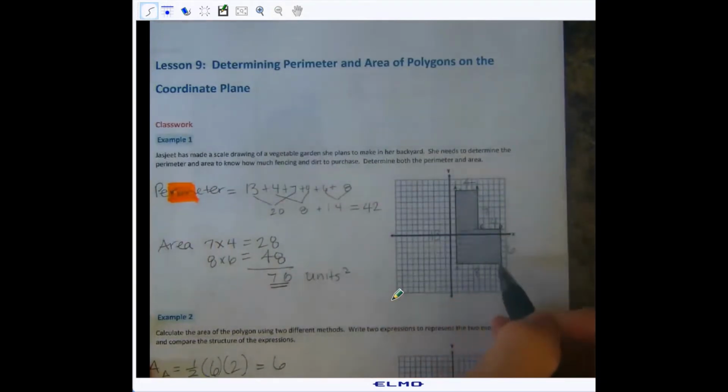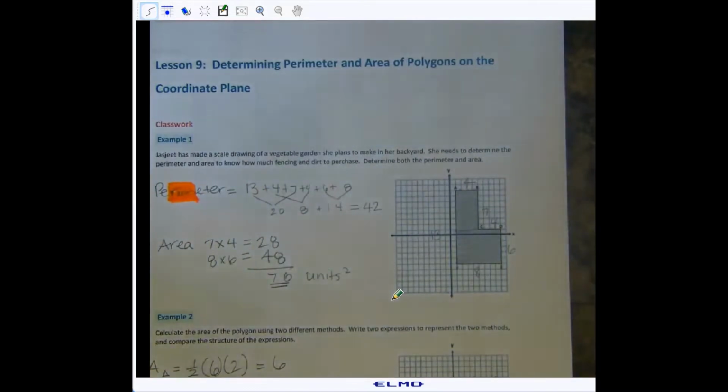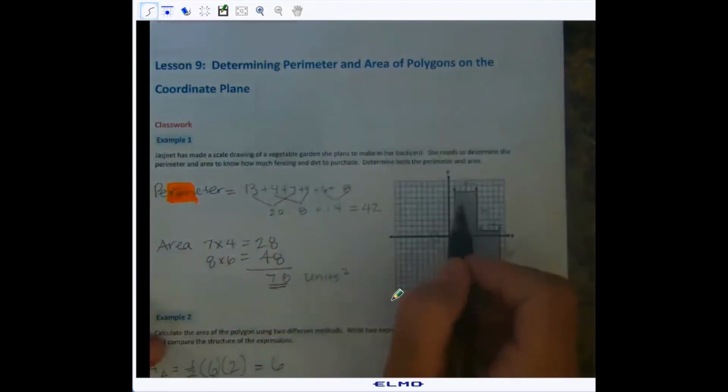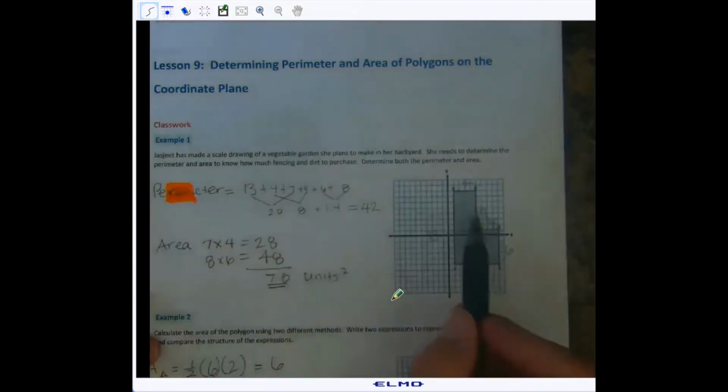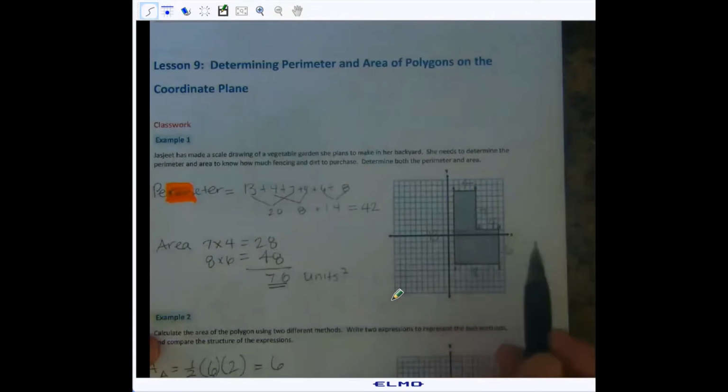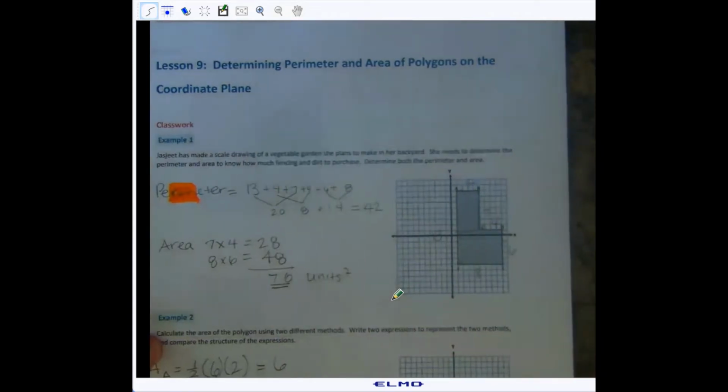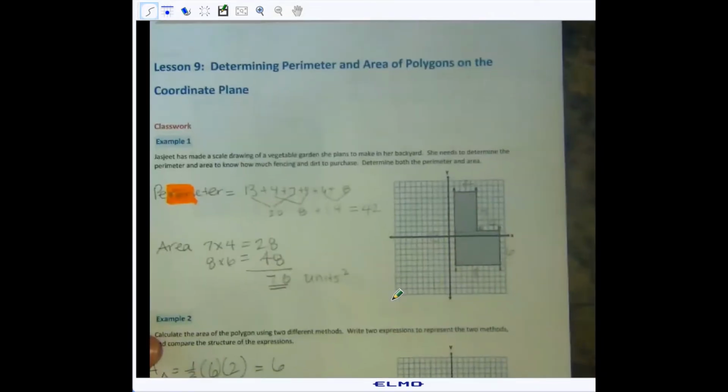When you have irregular shapes like this, which is a combination of 2 rectangles, it's real easy to forget one of the sides. So that's why I want you to imagine yourself being that little bunny hopping around the outside of that vegetable garden so you don't forget. I've gone through and I've counted and I've labeled all the side lengths. Let's see if that's clear enough. Maybe I'll try. Yeah, there we go.